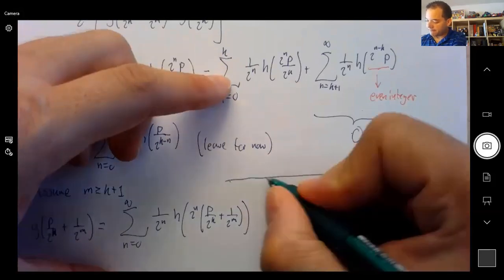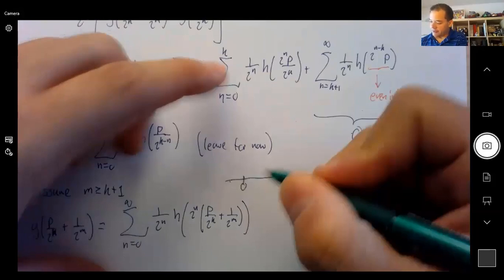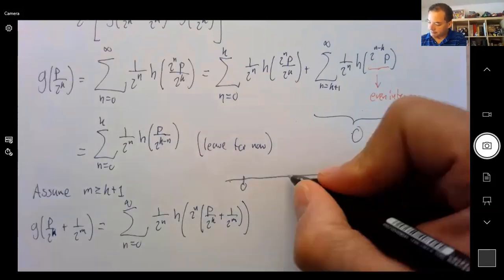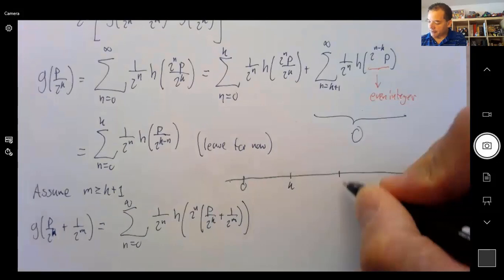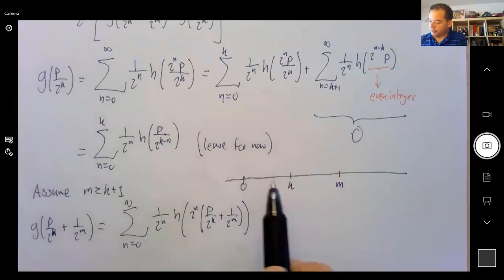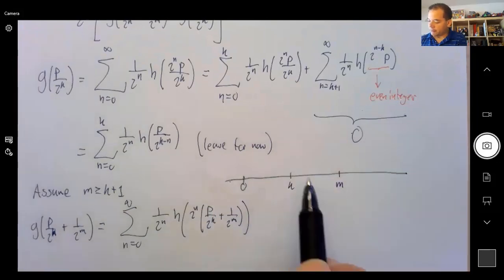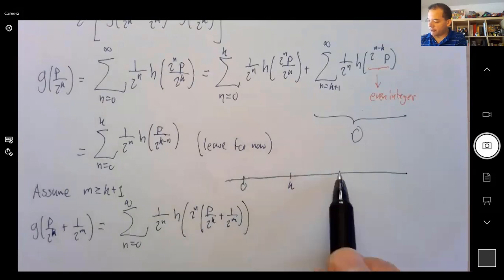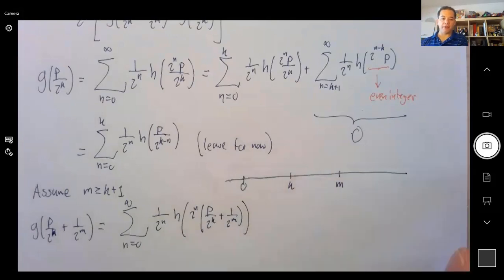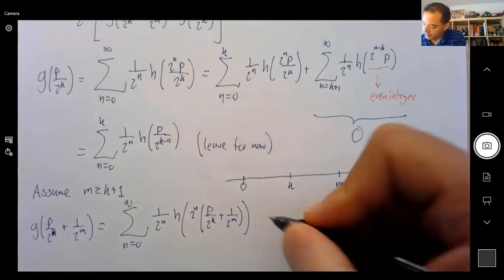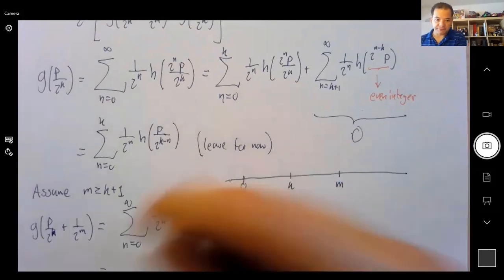So there's 0, and somewhere over there is K, and somewhere over there is M. So we want to do from 0 to K, from K plus 1 to M, and from M plus 1 to infinity. We're going to divide it that way, okay? So let's write it here.